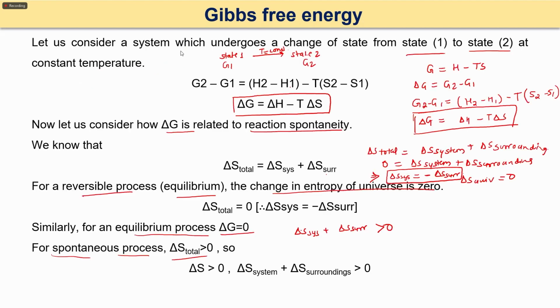Your delta S surrounding is equal to minus delta H system divided by T. So what will it become? If we solve this, you will get delta S system minus delta H system by T is greater than 0.